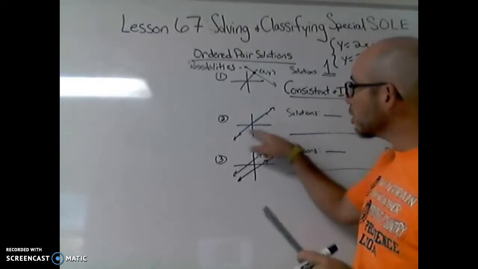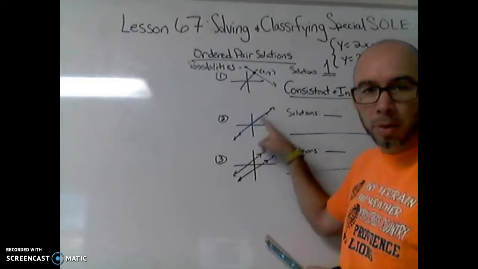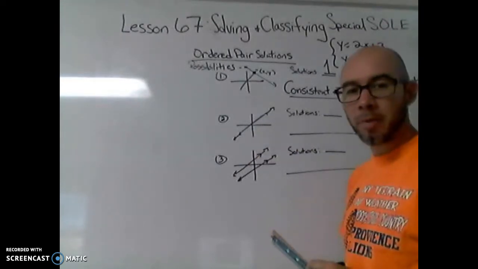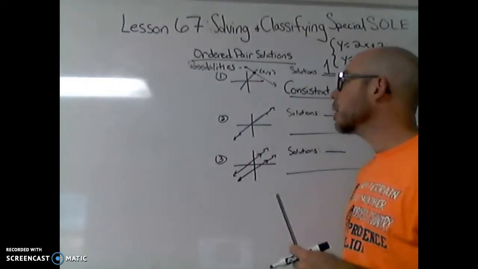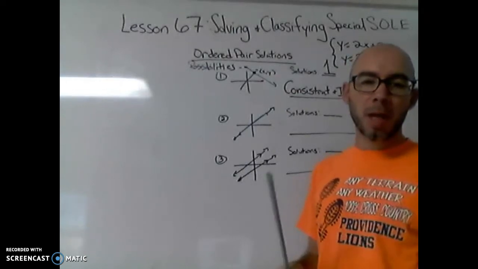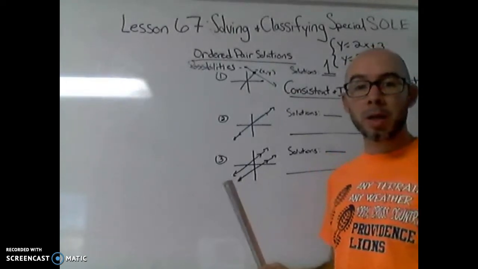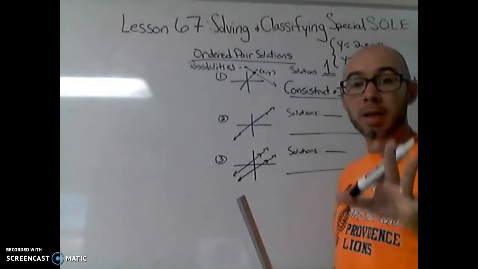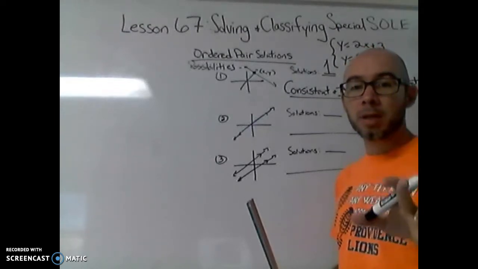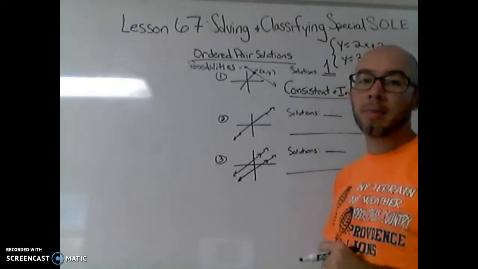The second case here, maybe you can see it, maybe you can't. There's blue and then there's black right on top of it. That is when you've got 2 equations that maybe have a different form, but when you boil it all down to graph the thing, they are the exact same equation, or they make the exact same line.